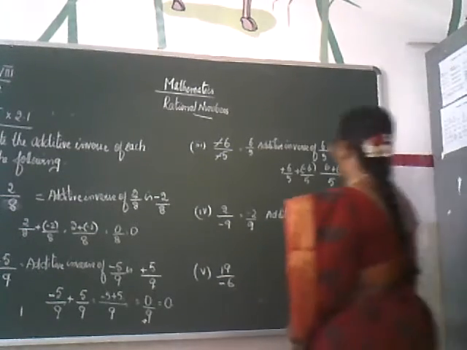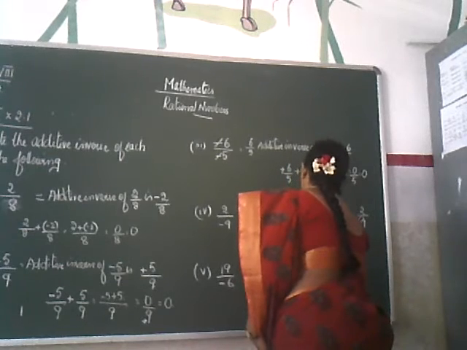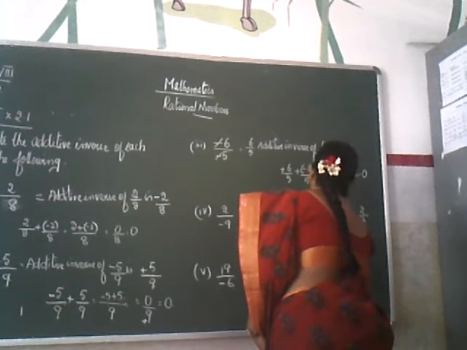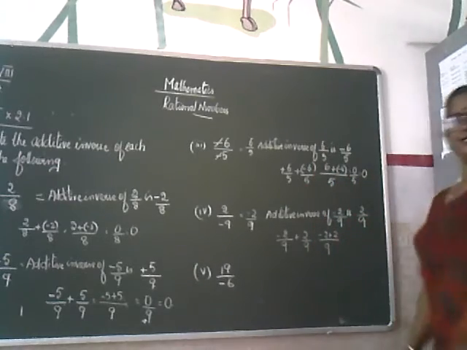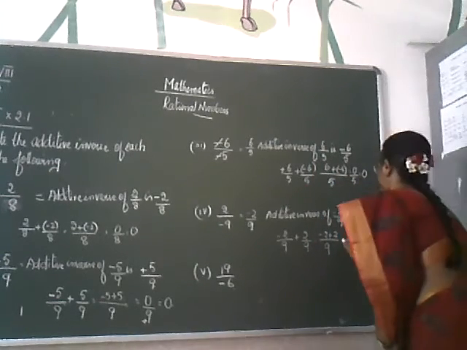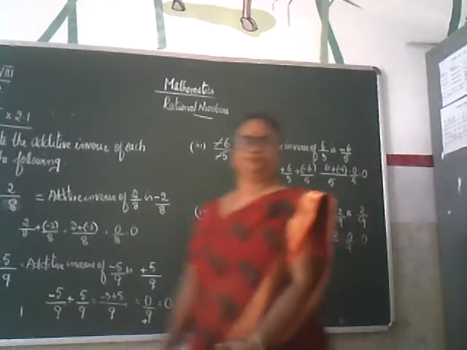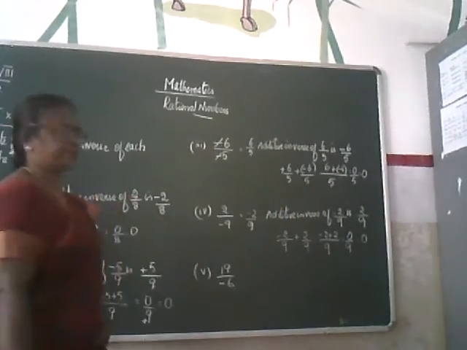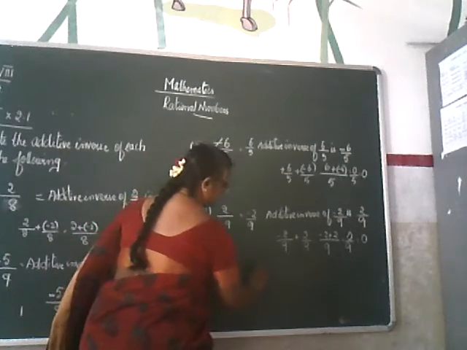Then add now, minus 2 by 9 plus 2 by 9. So, what is minus 2 plus 2? Yes, 0 by 9, that is 0. Okay, understood? Yes.